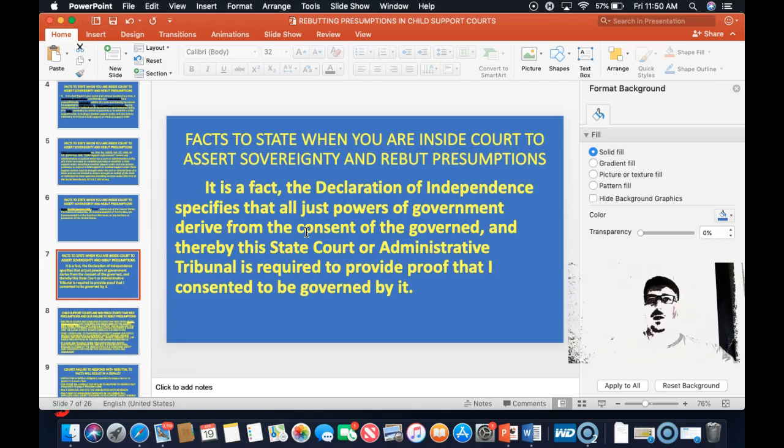Also, under Article 2, Section 201 of the Uniform Interstate Family Support Act, you have to submit to the jurisdiction of the court by consenting or making a general appearance. Well, in my paperwork, we don't do any of that. That's another presumption we get out of the way right away in my paperwork.